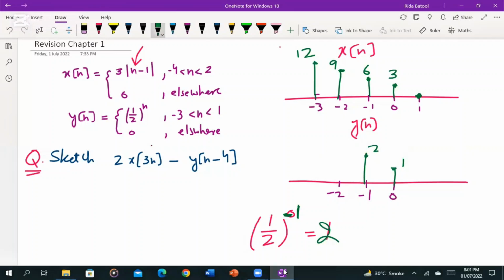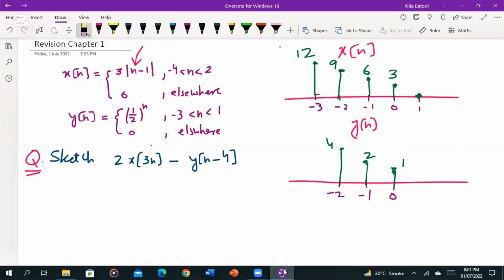If you put -2 over here, you will get 4. So these are the magnitudes, these are the values of y of n: 1, 2, and 4.